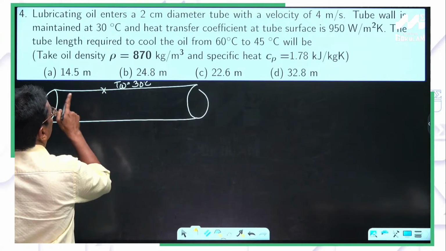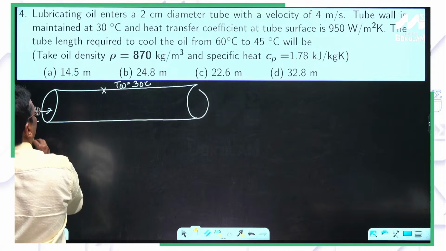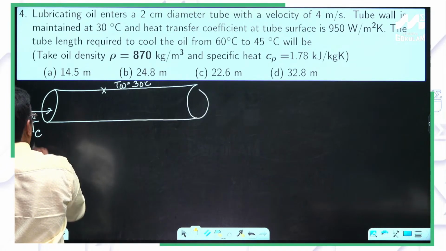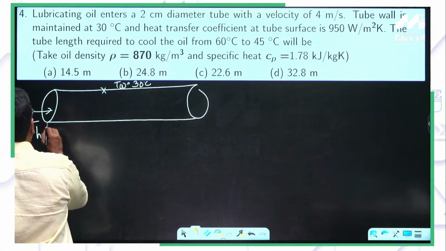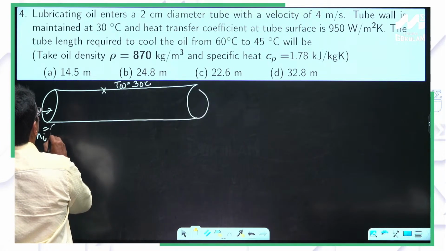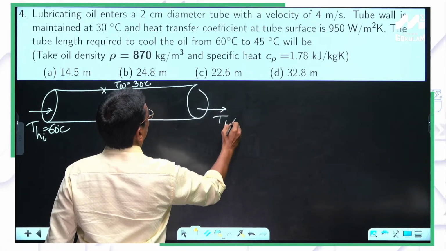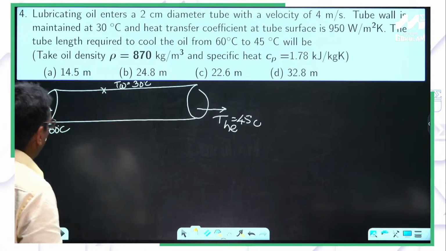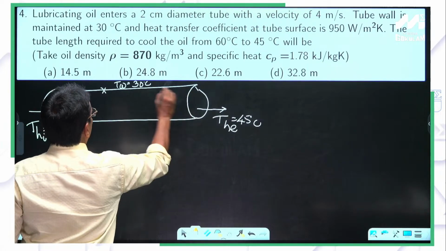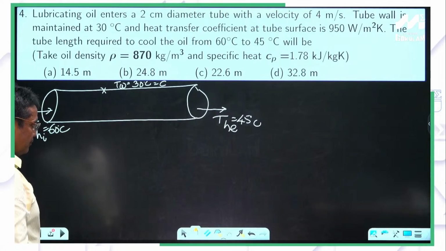The tube length required to cool the oil: the oil is entering at Thi, which is 60, and coming out at 45. How much length of the tube is required by maintaining constant pipe wall conditions? It's a very good question.